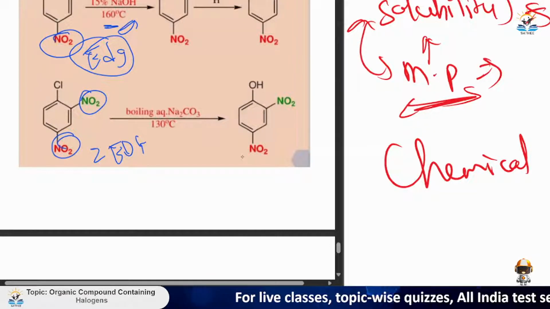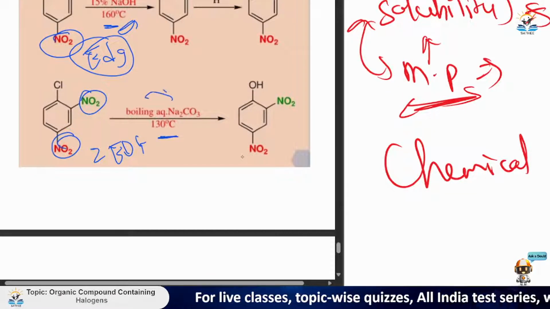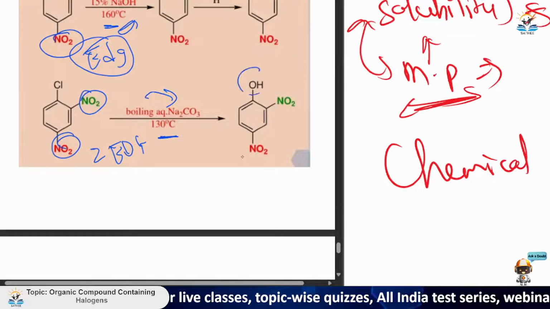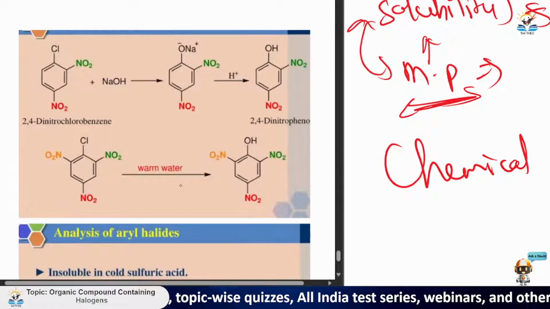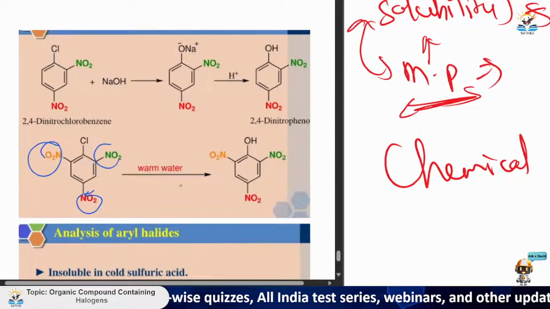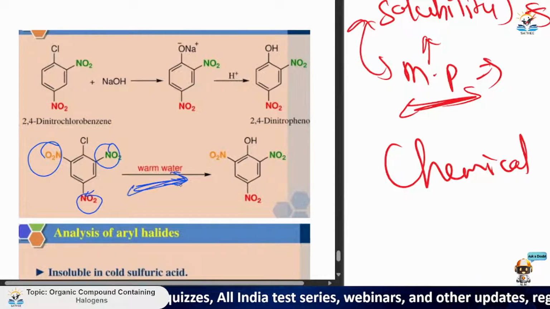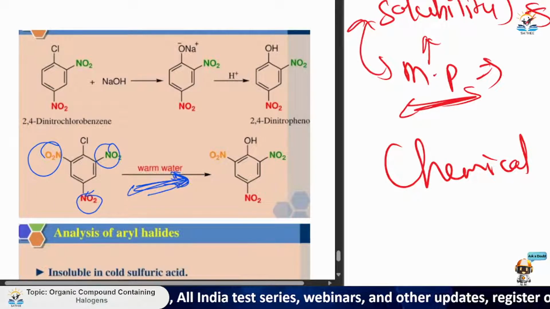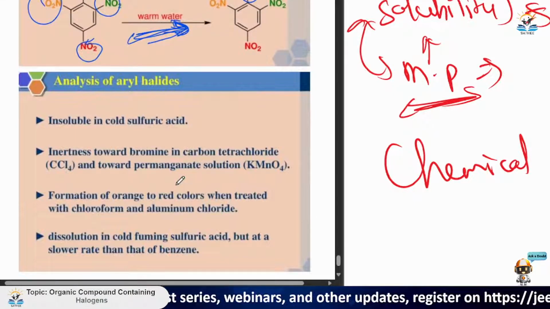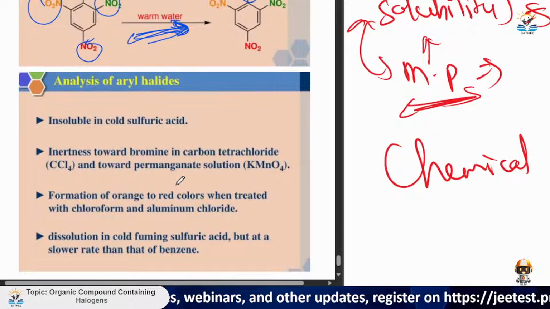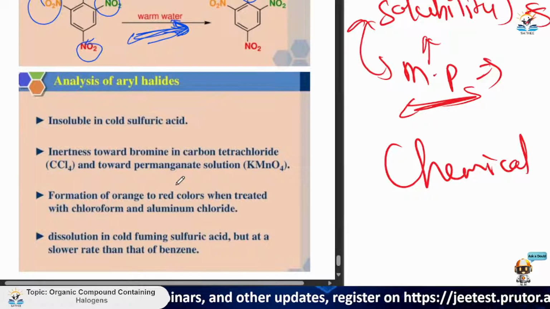See, 160 is decreased to 130 degrees, and we are just boiling here with Na2CO3. So we will get the alcohol product here. Now, if we have three NO2 groups, 1, 2, 3, we just need a little warming, a smaller heat, and we will get the product. So as we increase the number of such groups, the formation of the alcohol from the aryl halide becomes easier.